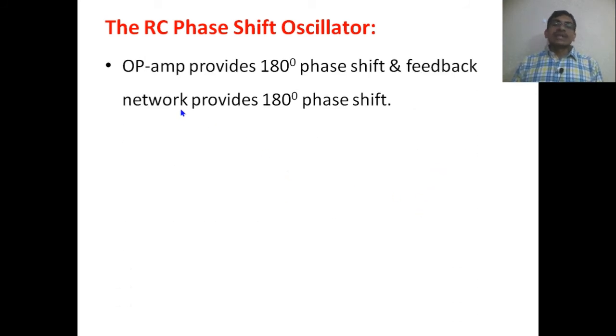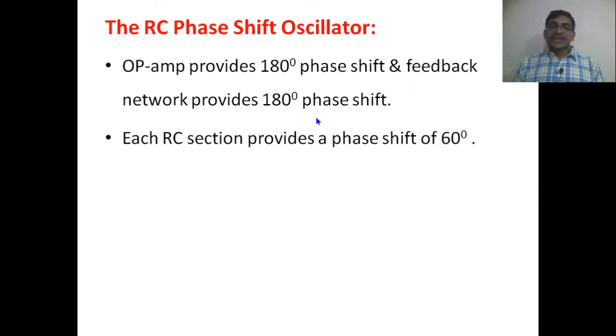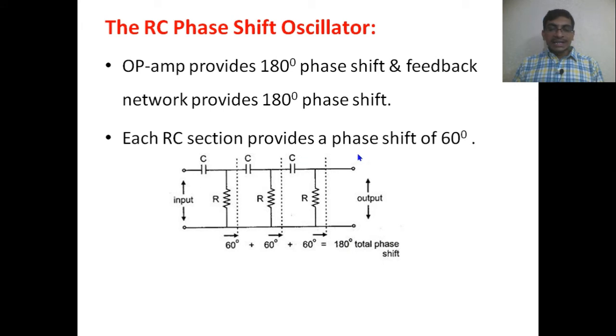Here the op amp provides 180 degrees phase shift and the feedback network provides 180 degrees phase shift. Each RC section provides a phase shift of 60 degrees, so 60 plus 60 plus 60 is 180 degrees.